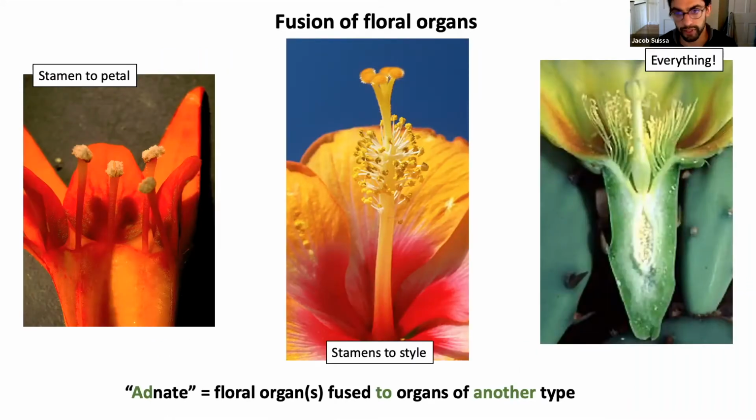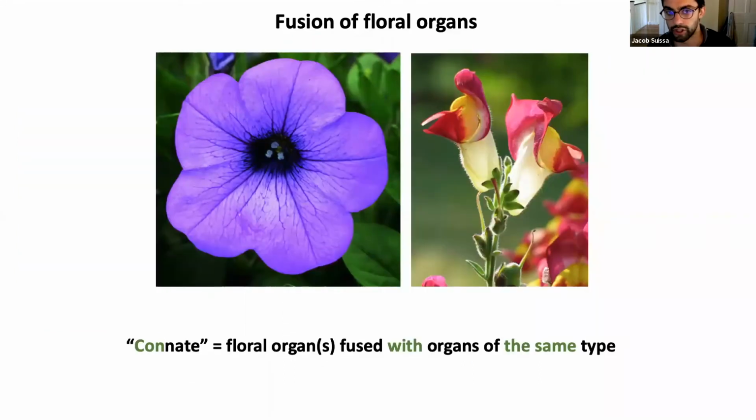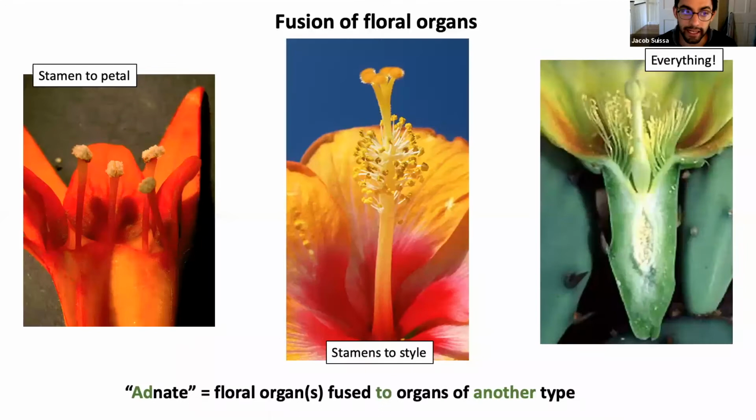In connation, petals, sepals, stamens, and carpels can all be connate. Adnation is a little more complex. You would say the petals are connate, but the stamens are adnate to the petals, right? You can see that here on the left, that the stamens are adnate to the petals.